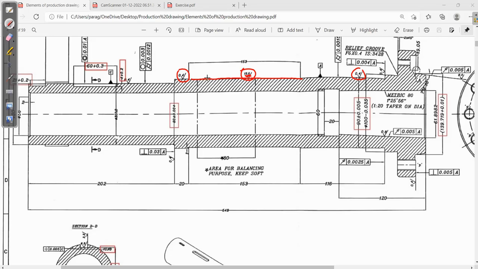Why? Because on this particular surface nothing is coming, the bearing is not there, so it is a smooth surface. But on this other surface I am mounting the bearing. In order to mount the bearing, definitely my surface must be smoother.